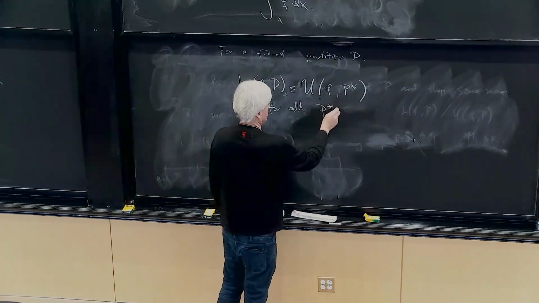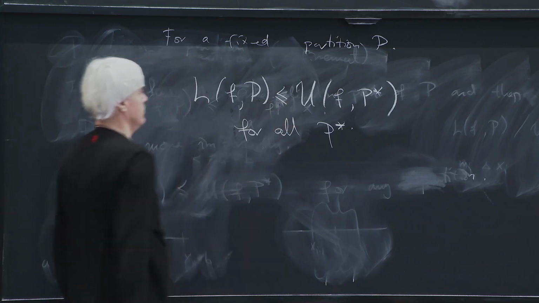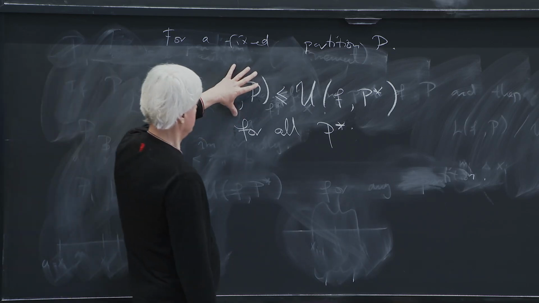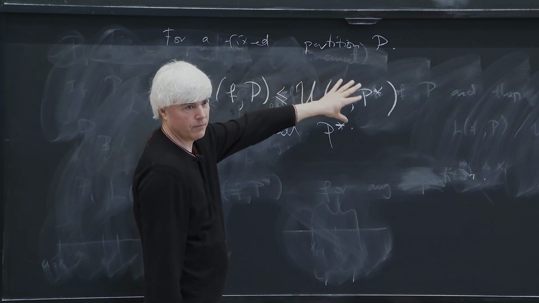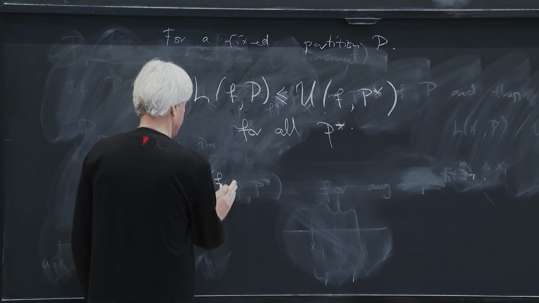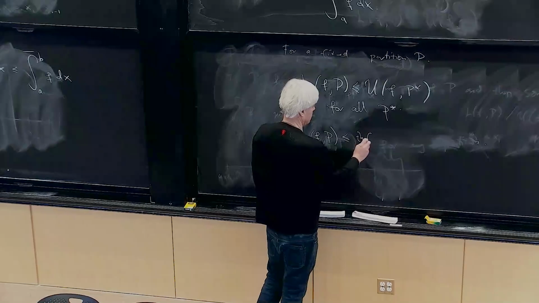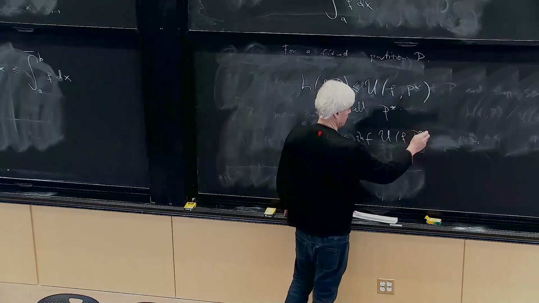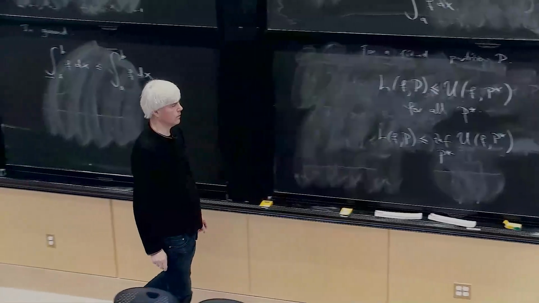But if it holds for all, this is a fixed number. This means that this here is a lower bound for this family. So this means that L F of P is less or equal to the infimum of those guys. Right? It's less or equal to the infimum.